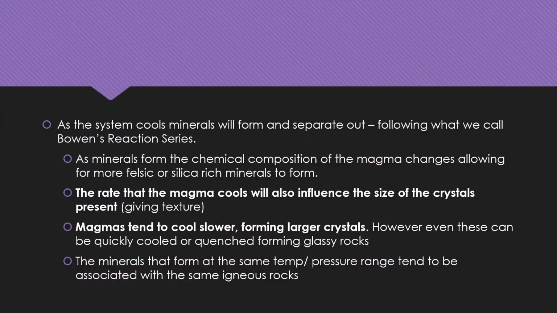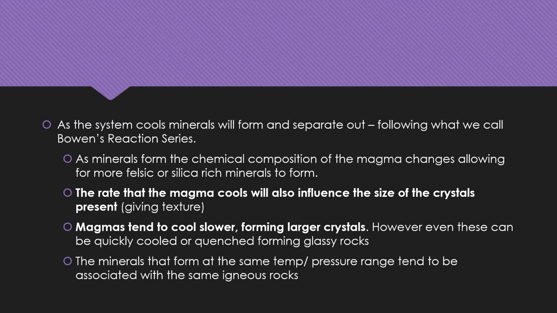The rate that the magma cools will also influence the size of the crystals present, which creates texture. Magmas tend to cool slower, forming larger crystals, and these can also be cooled quicker, or quenched, forming glassy rocks.